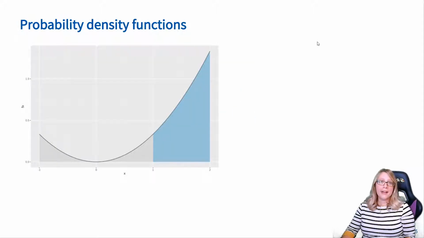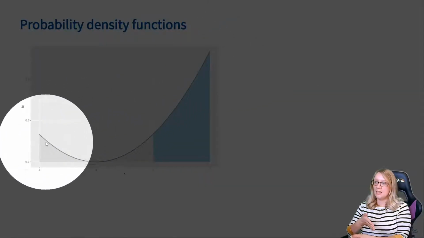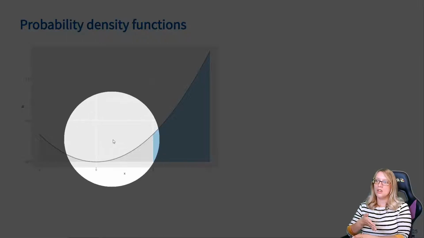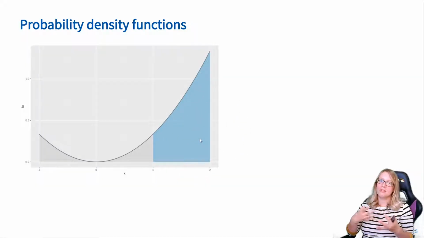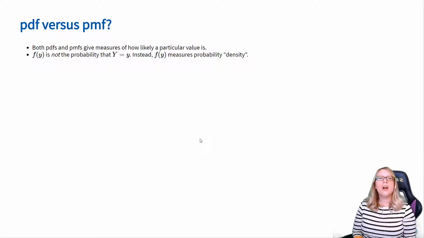So looking at a plot of this PDF, the area under the curve from 1 to 2 represents 7/9 of the total area. There is some probability associated in this -1 to 1 range, but relative to the 1 to 2, those outcomes are much more likely, have more probability associated with them. So there are some key differences between PDFs, which we'll use for continuous random variables, and PMFs, which we'll use for discrete random variables.